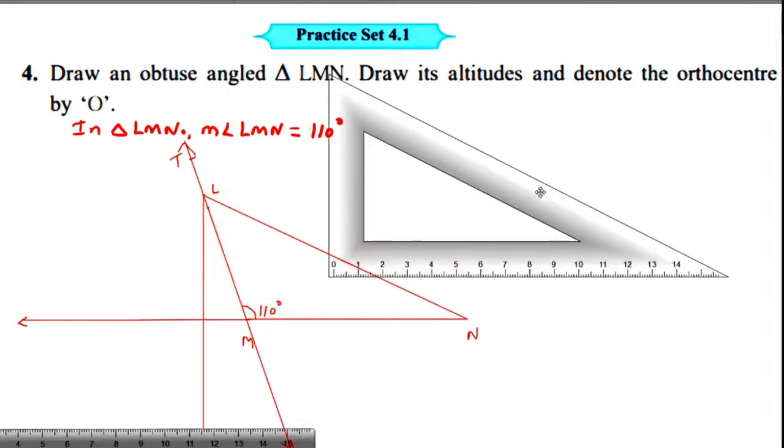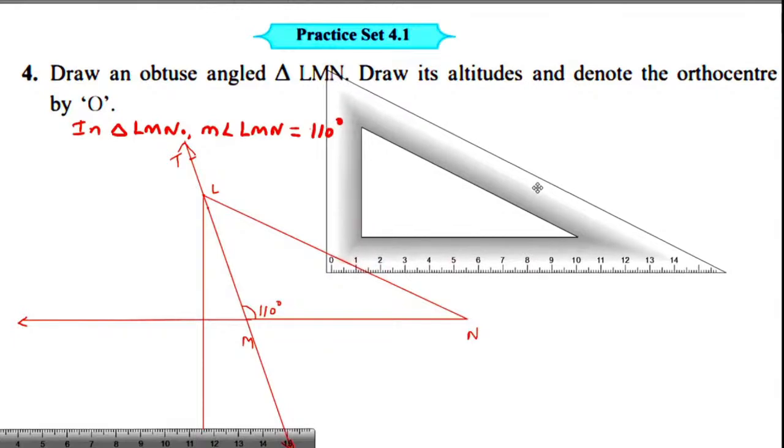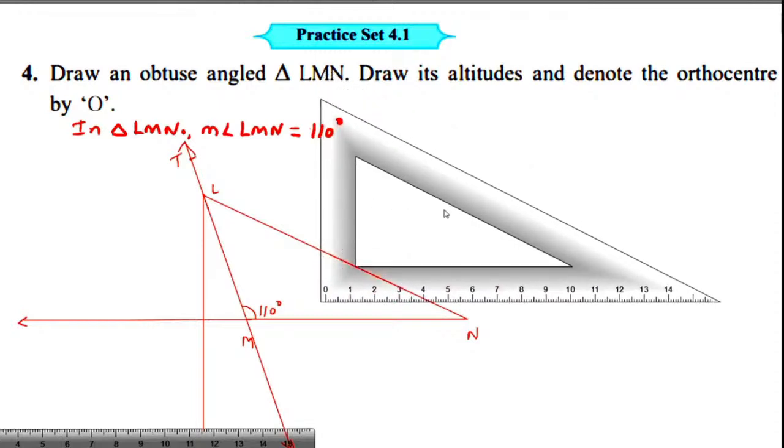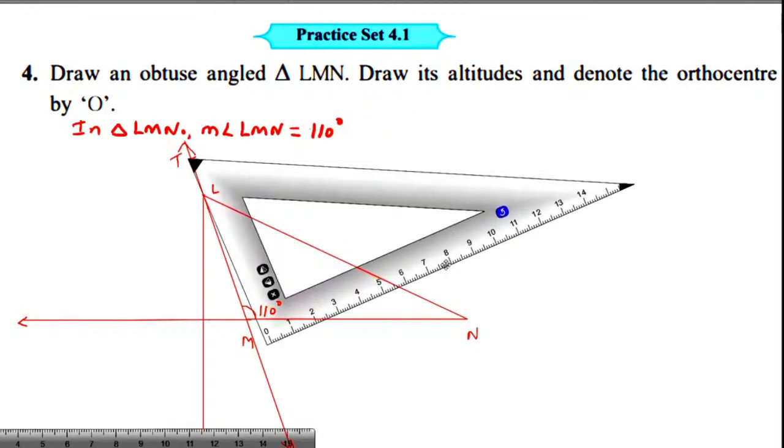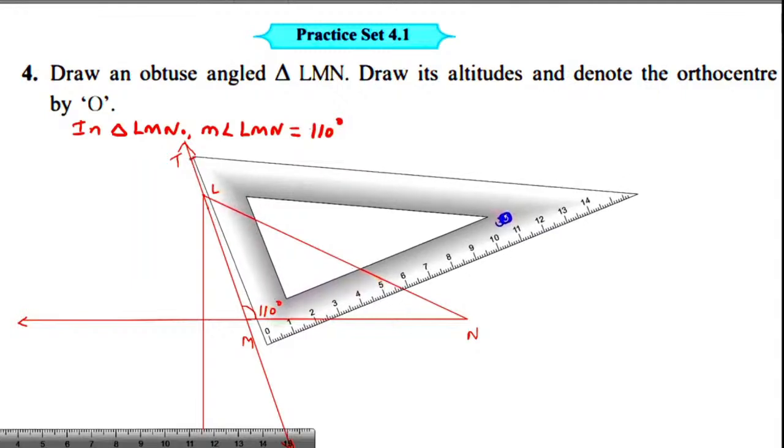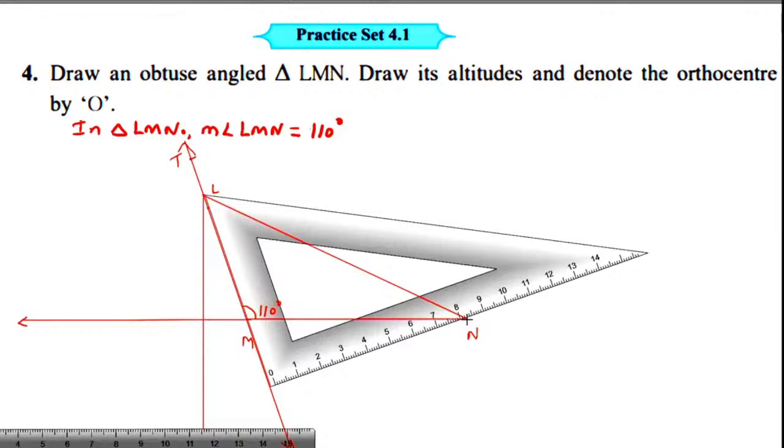Then again draw the altitude from the vertex N to its opposite side LM using set square. Put the set square on the side LM as shown here. Draw the altitude from vertex N to opposite side LM and extend it.